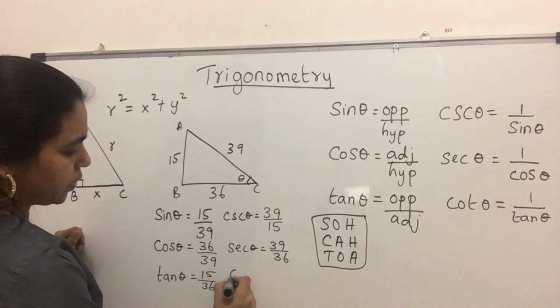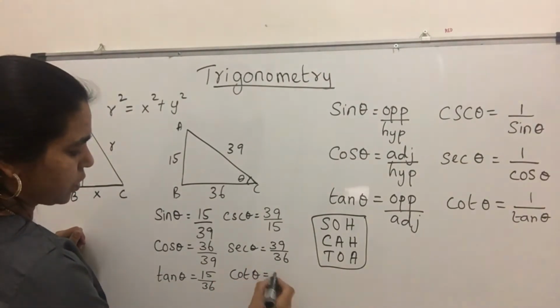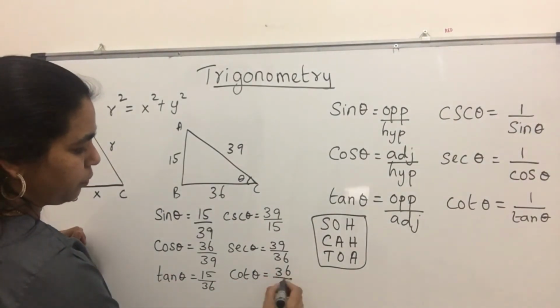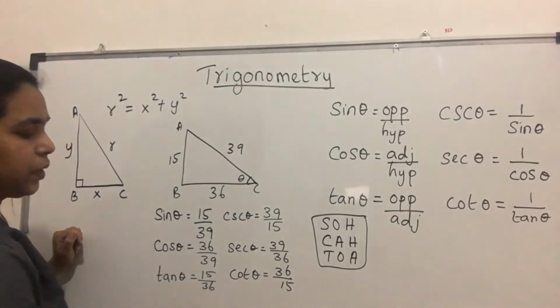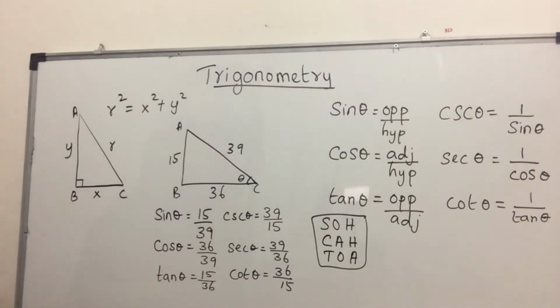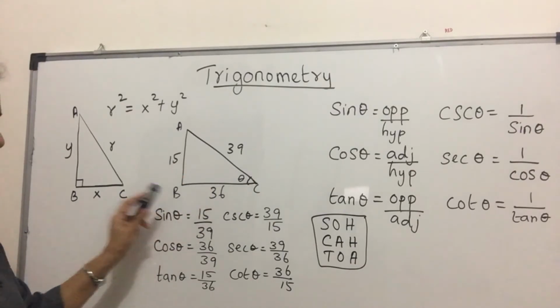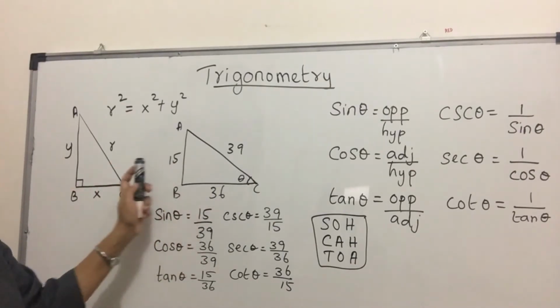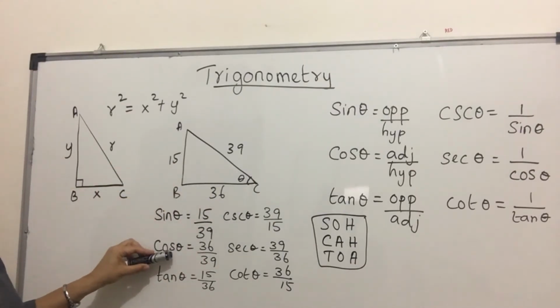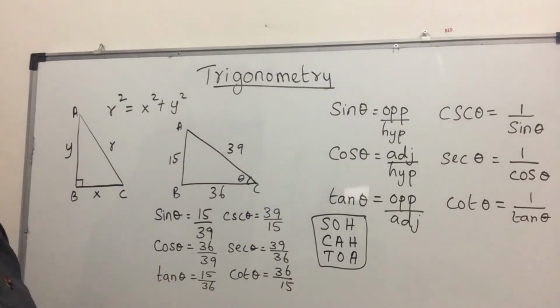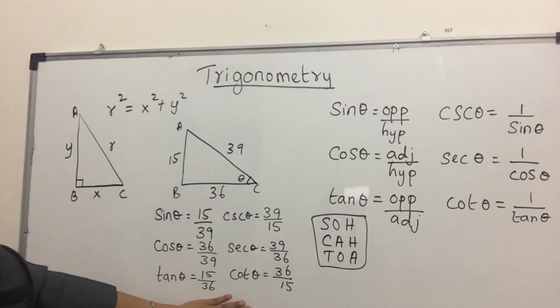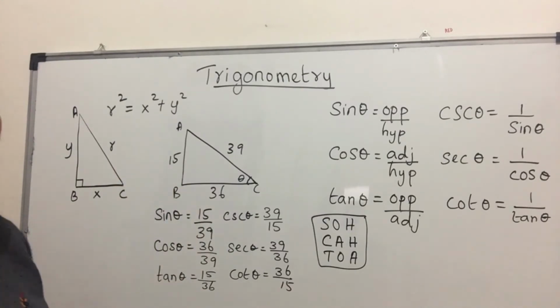And cot theta equals 36 over 15. Here also you just flip the numbers. This is how you can write the 6 trigonometric functions if the numbers are given, using sine theta equals opposite over hypotenuse, cos theta equals adjacent over hypotenuse, and tan theta equals opposite over adjacent.